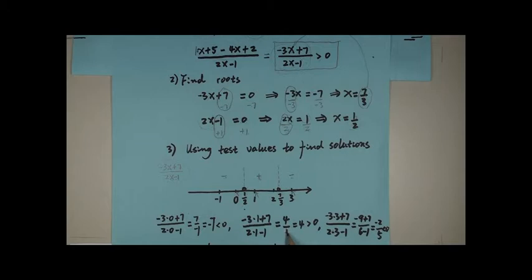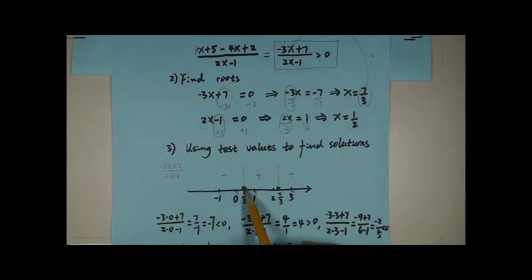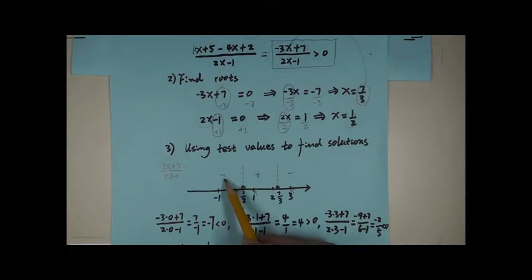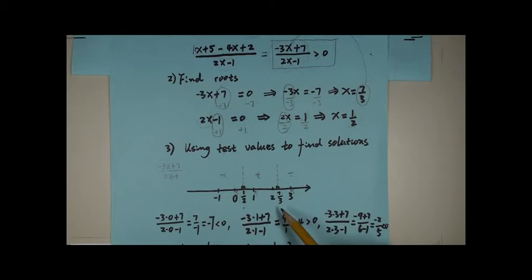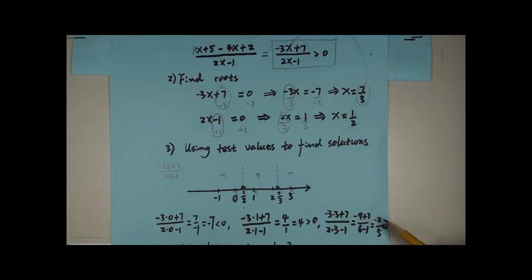So 4 divided by 1 is positive. So between these two values, positive. It alternates: negative, positive, and then here you have a negative again.